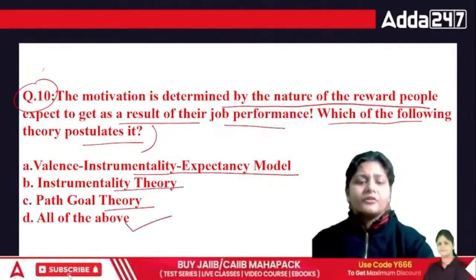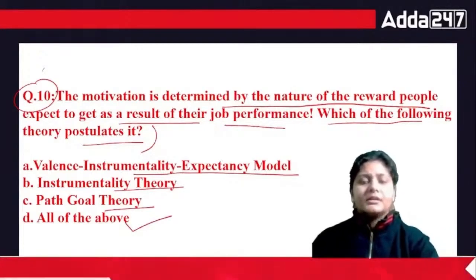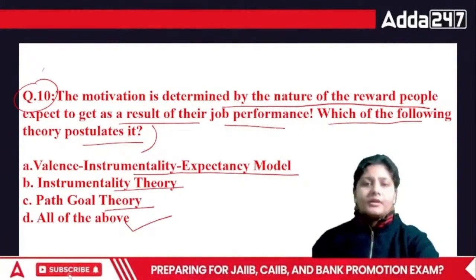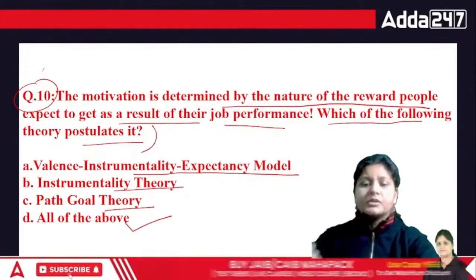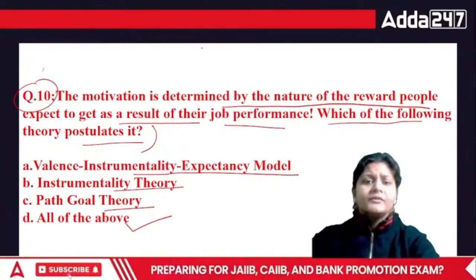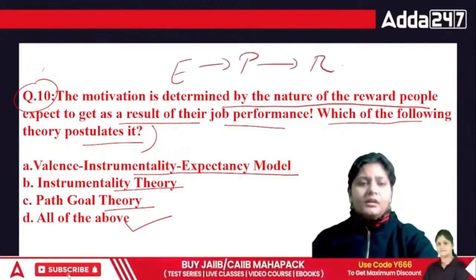All three names are from the Vroom theory. When we are talking about the Vroom theory, if we know what kind of reward we are going to get, then definitely we will be more motivated. So it will lead to effort, performance and reward.